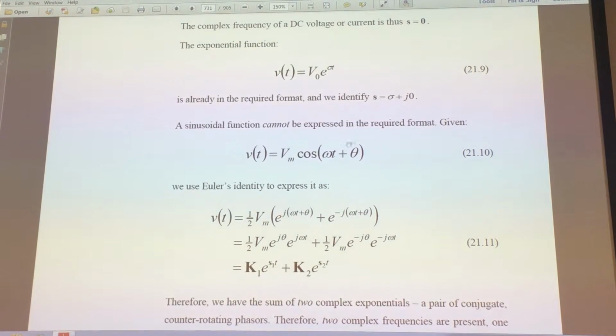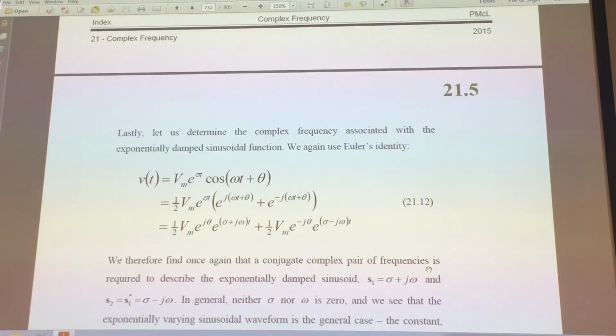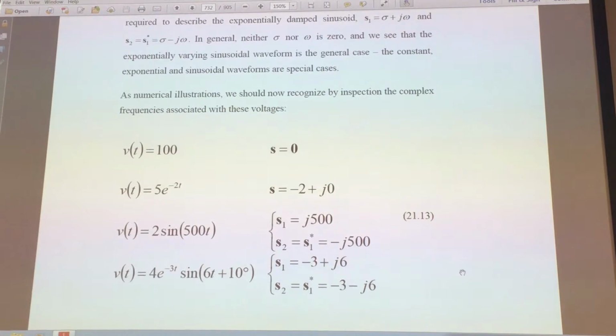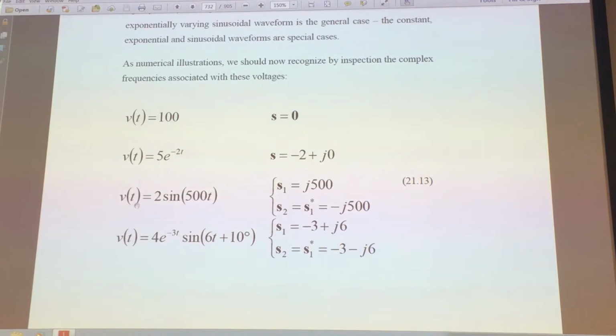There are some mathematical quirks here, which we will not go into because they are not that important at this point. What is important is that, depending on a particular type of signal, we can easily define the elements of its complex frequency.